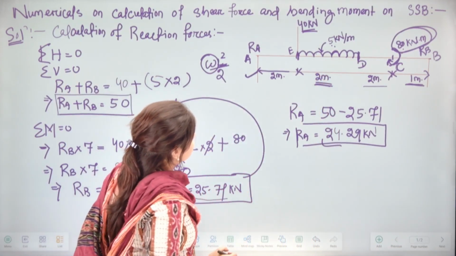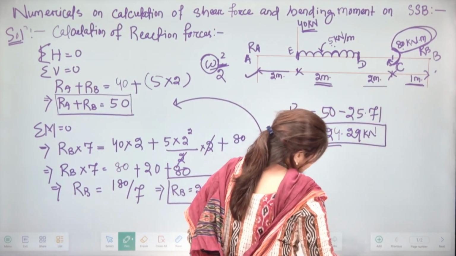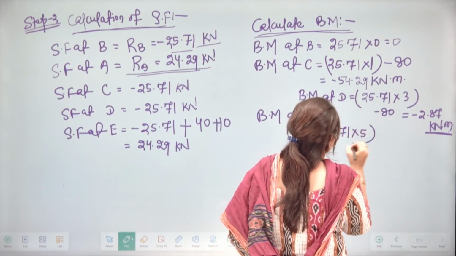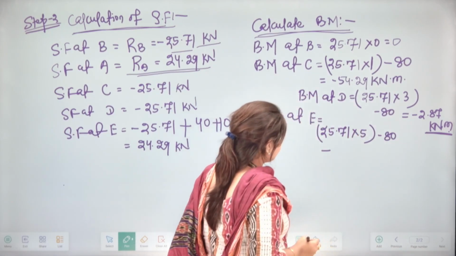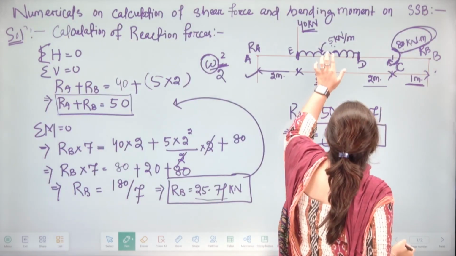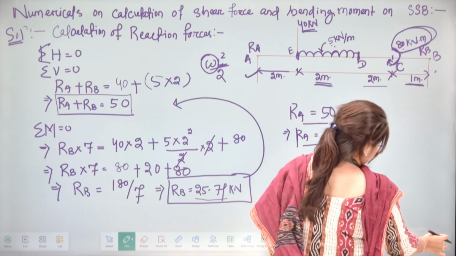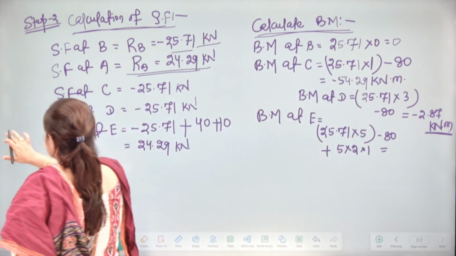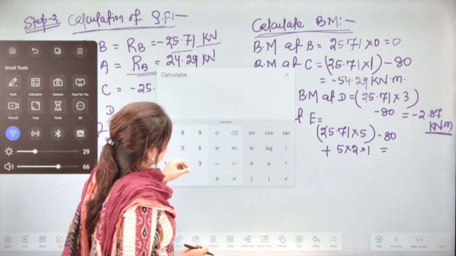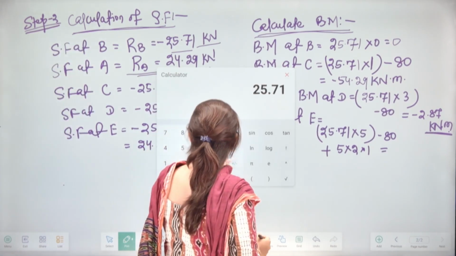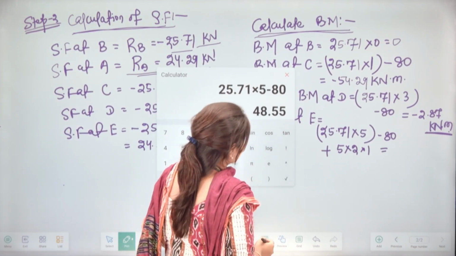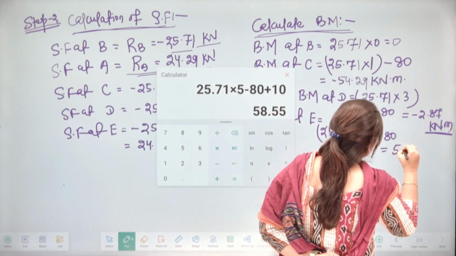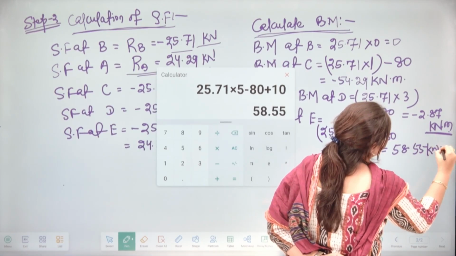So this Rb multiplied with 5, minus 80, plus this 5 into 2 into 1, that is 58.55 kilonewton into meter.